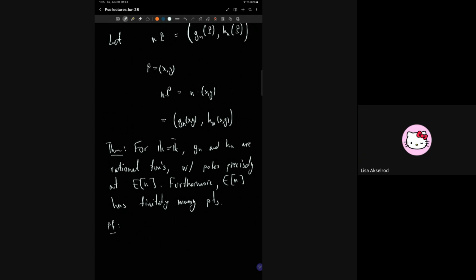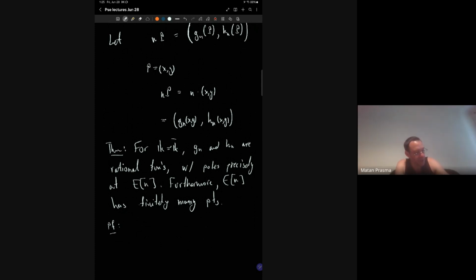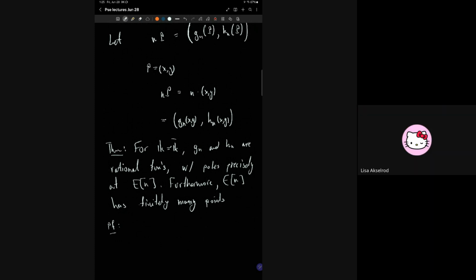Can you repeat, why do we need the last statement about finitely many poles, in what context? No, not poles, points. We work many times with elliptic curves over Fp, right?